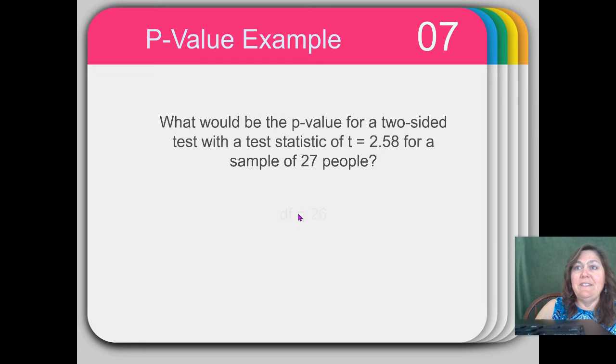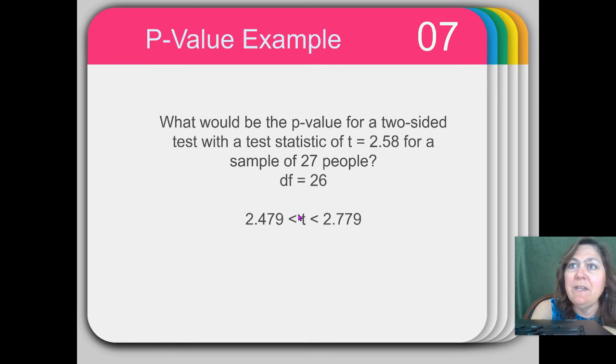Okay, let's see how you did. You should have known that DF is 26. When I go across the table for DF 26, I see that T is between 2.479 and 2.779. On your work, you will show this. You show that you found T between these two numbers. It's very important you write that part down when you're using the table. Okay?